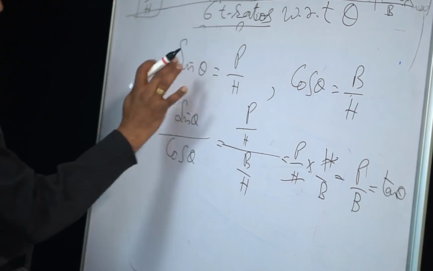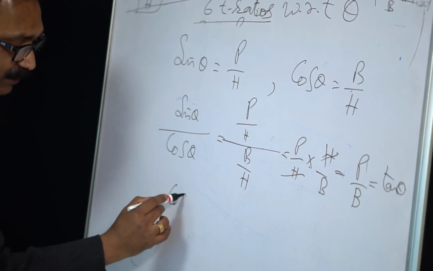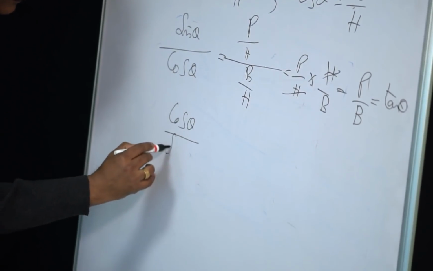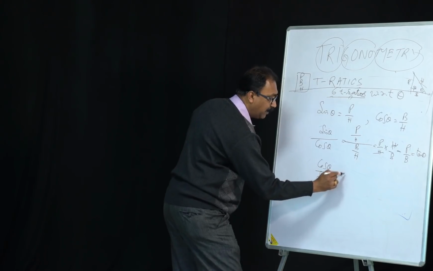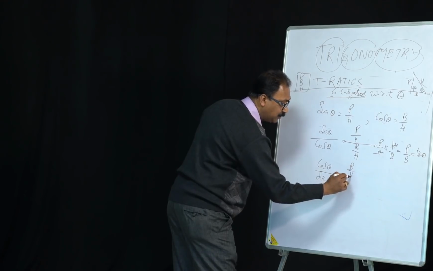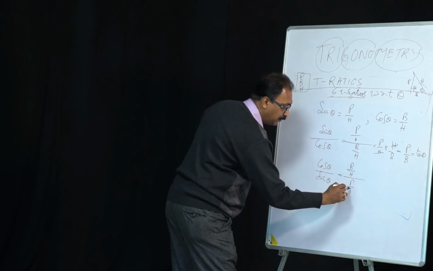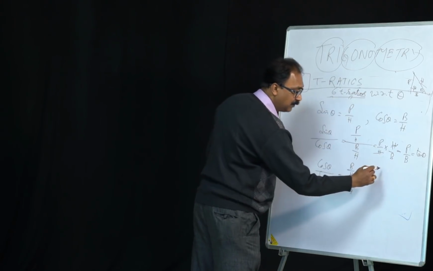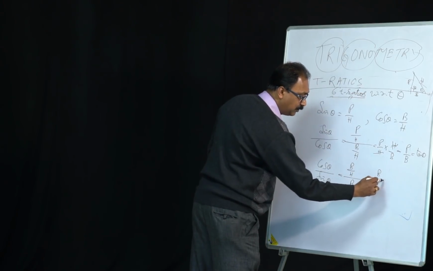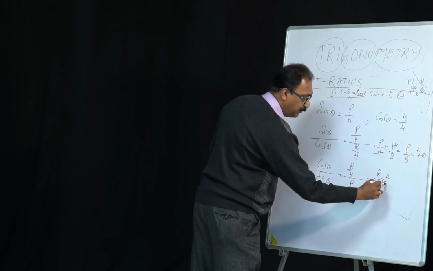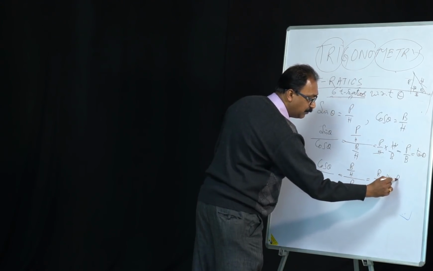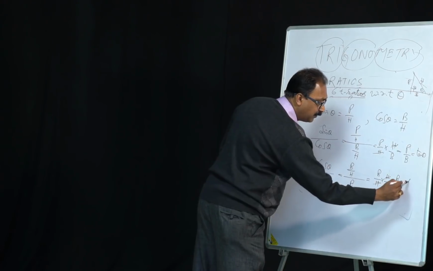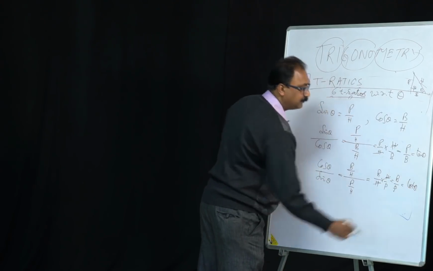Likewise, if I divide cos theta by sine theta, then it will become b by h divided by p by h, so b by h into h by p, cancel, we get b by p and it gives us cot theta.